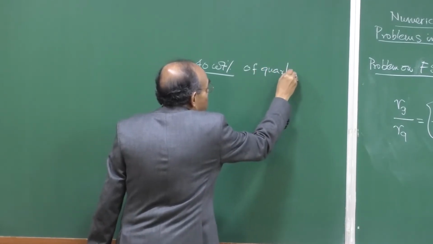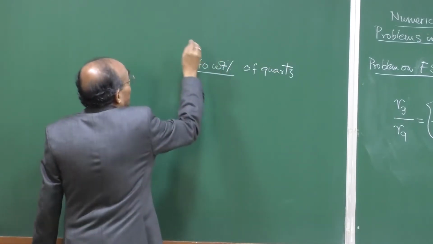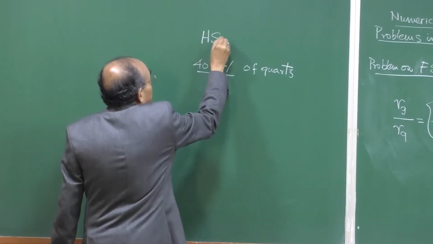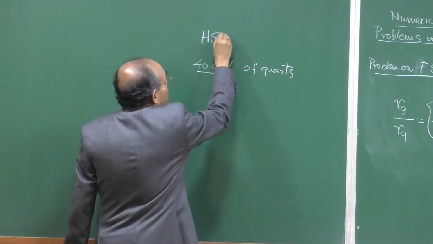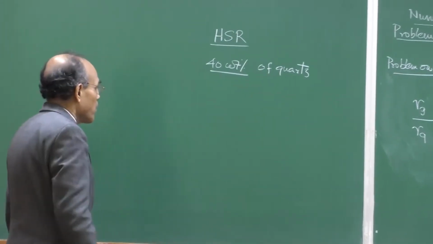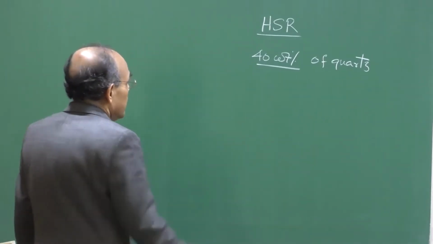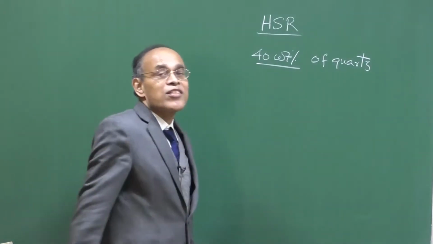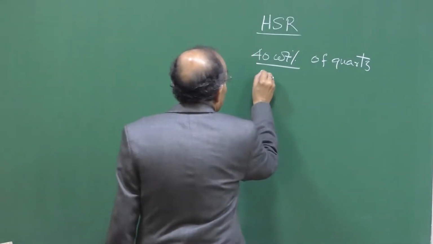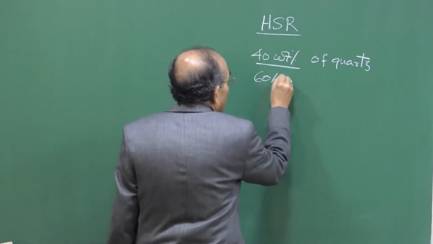So, the same problem is to be applied considering the Hindered settling ratio, which is to be calculated. So, 40% quartz is there loading and 60% is water.